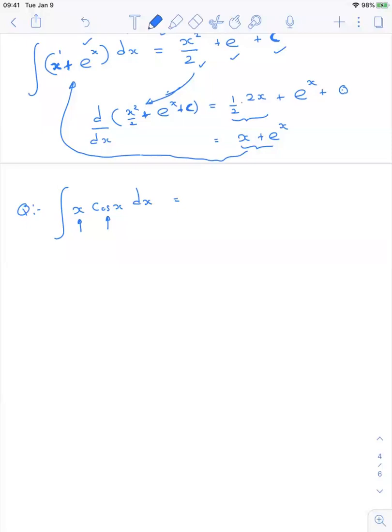Now this is why we have to learn different techniques and practice a lot to learn how to integrate different functions. I will directly write you the answer for this integration. That answer is actually x times sine of x plus cosine of x, right?